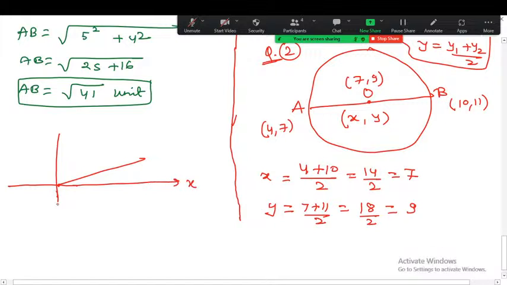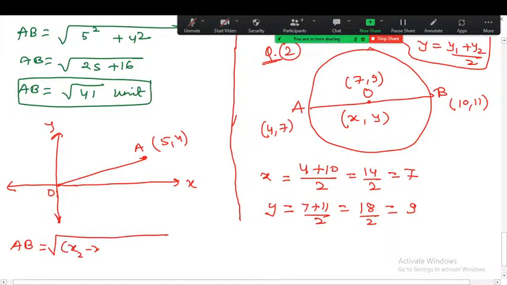This is my x-axis, this is my y-axis, this is our origin. If I want you to find out the distance of point A, let's say (5, 4), from origin, now I want you to develop this as another formula, because what is special here is you are just substituting your x1 and y1 as 0, 0, because origin is 0.